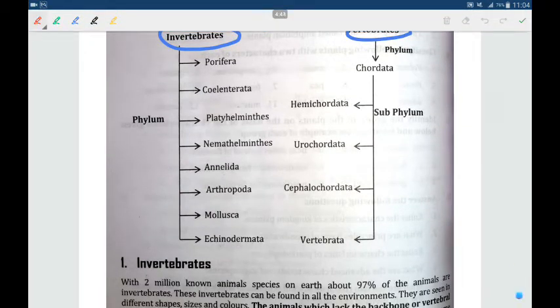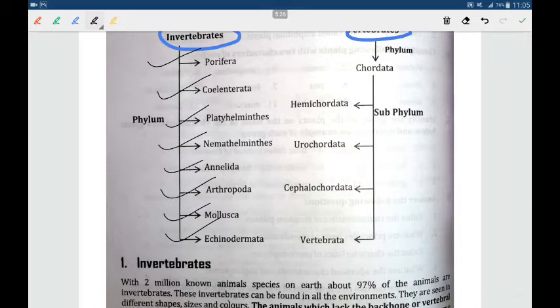Okay, in case of plants we have discussed divisions, but in case of animals, singular is phylum, plural is phyla. In invertebrates there are altogether 8 phyla: Porifera, Coelenterata, Platyhelminthes, Nemathelminthes, Annelida, Arthropoda, Mollusca, and Echinodermata.